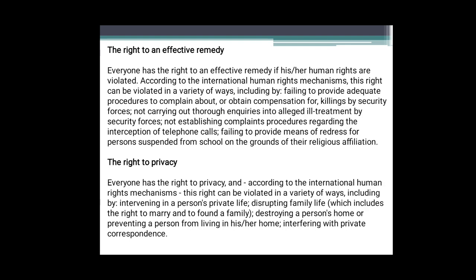The right to an effective remedy. Everyone has the right to an effective remedy if his or her human rights are violated.